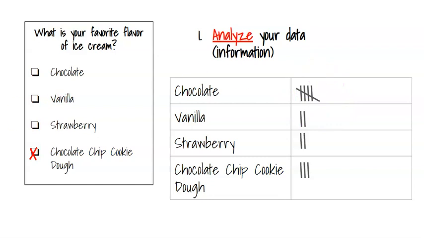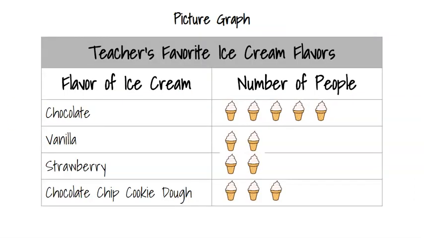But in a picture graph, I'm going to use pictures to show each person who likes a specific flavor. So this picture graph shows the same information, the same data, just in a different way. So instead of a tally mark, I have a small picture of an ice cream cone. But it still shows that 5 people like chocolate, 2 people like vanilla, 2 people like strawberry, and 3 people like chocolate chip cookie dough.